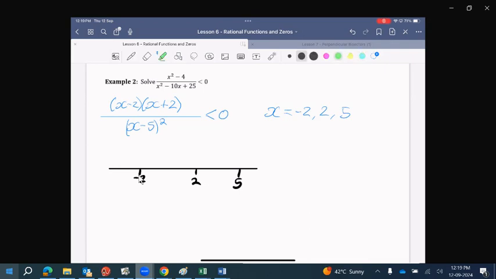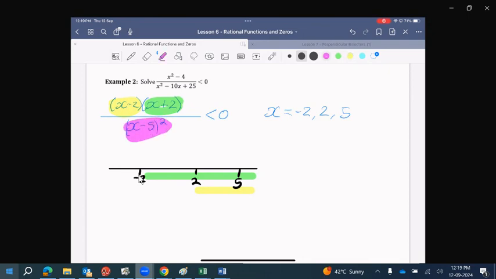Okay. Which term first? The minus 2 is this one, isn't it? That one's going to be here. The next term is going to be this one, which will change at 2. So that one's going to be here. And then this term in the bottom.